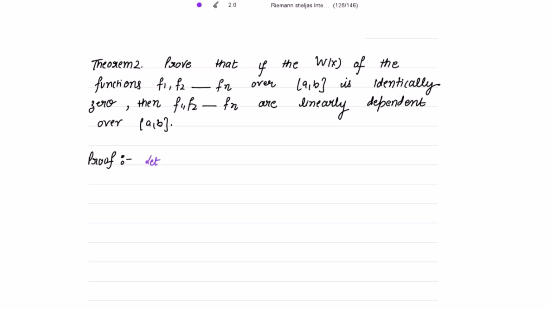Now, because I need that identity, I'm writing the identity for linearly dependent vectors. These here are functions.